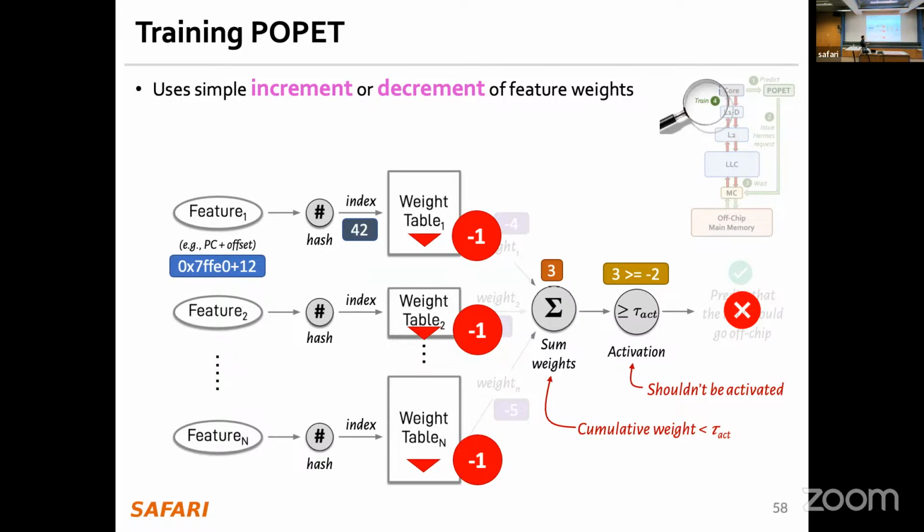If the predictor says that it's dead, in the sense nobody is going to touch this cache block later on, the one you are servicing now is the only one that's going to use it, there is no point in putting the data inside the cache. Then you simply bypass the cache. So in that case also, people have used this sort of prediction mechanism for making accurate dead block identification.